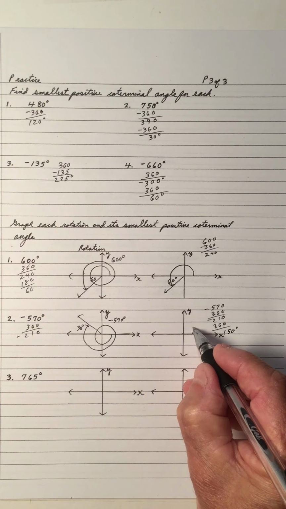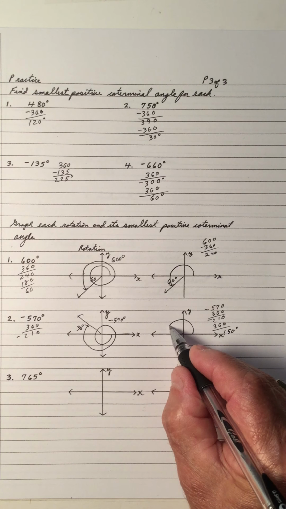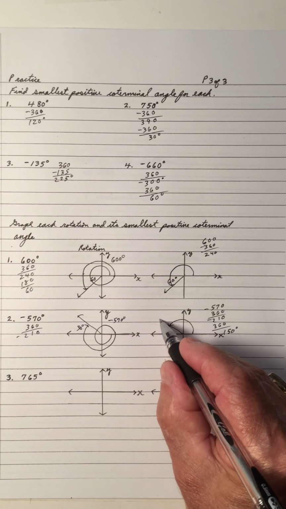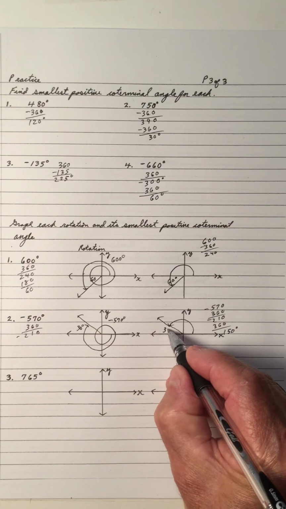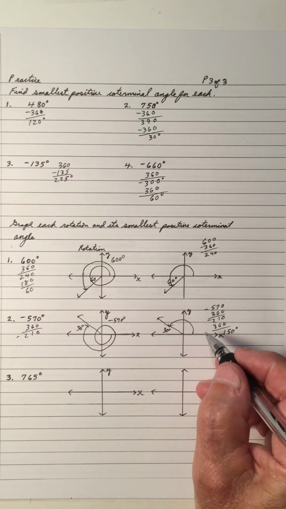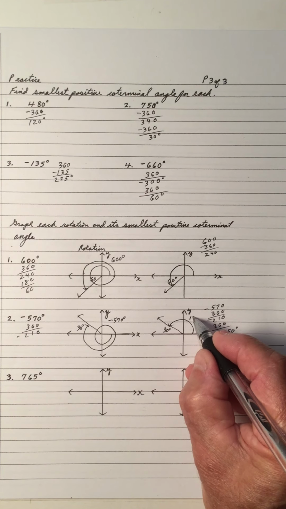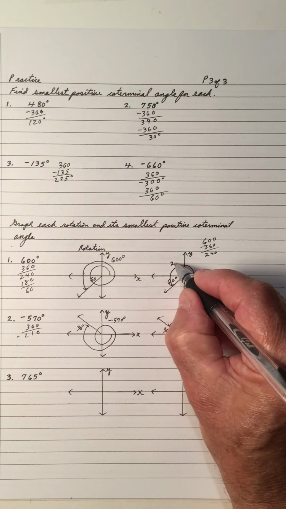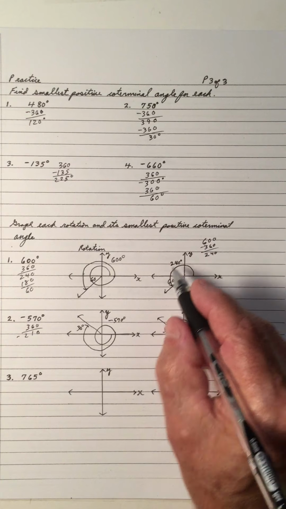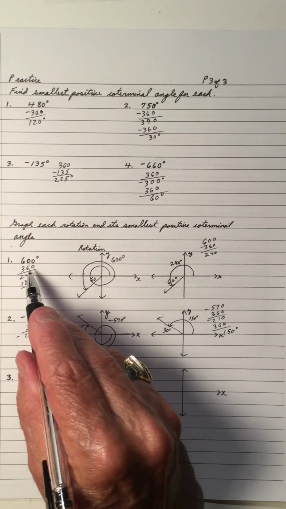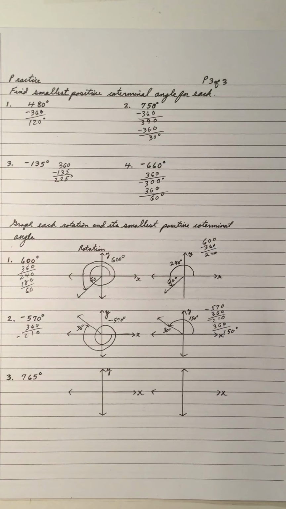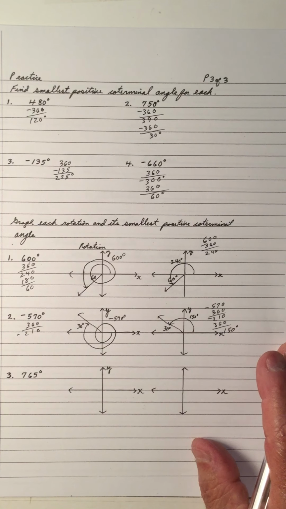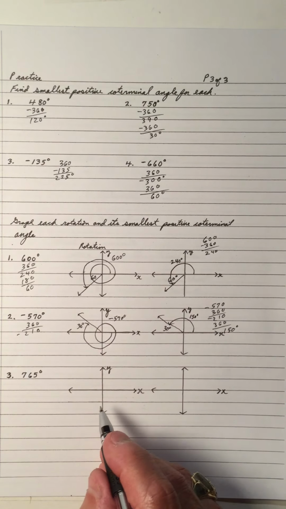So if you went this way 150 degrees, you get the reference angle of 30. So a positive 150 is the smallest positive coterminal angle and is easy to do. So it's easier to graph the smallest positive coterminal angle because you're going counterclockwise.